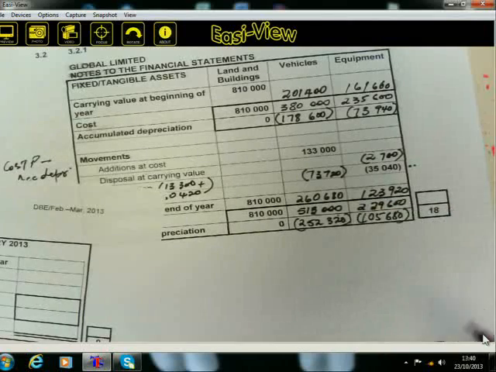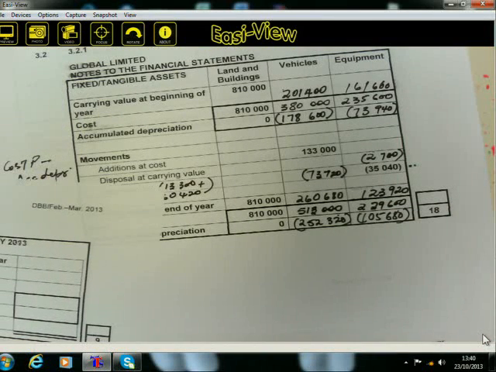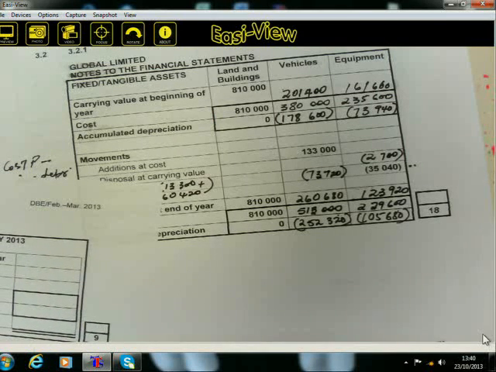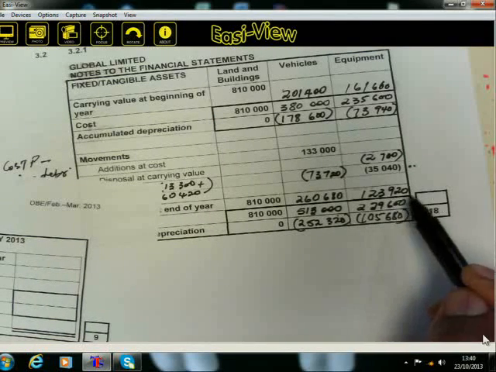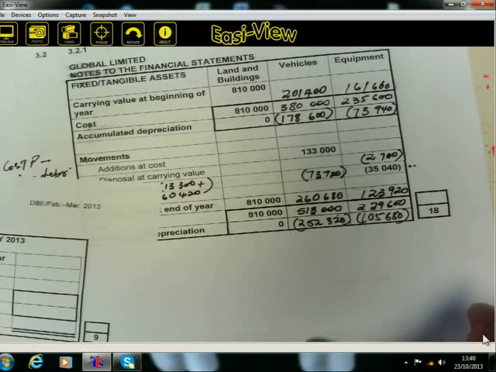This is for the depreciation. So if we subtract the depreciation of 105,680 from the cost at the end of 229,600, we will get 123,920.